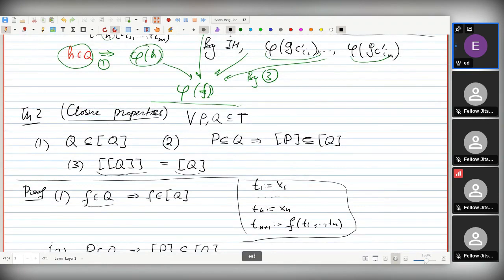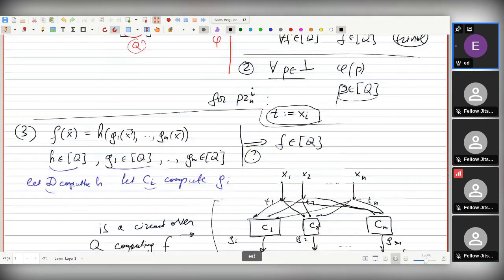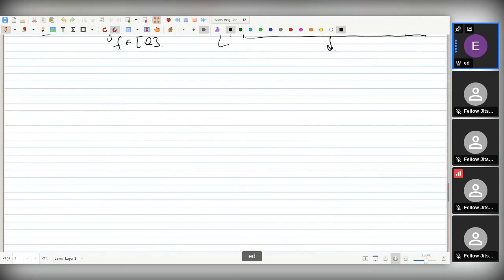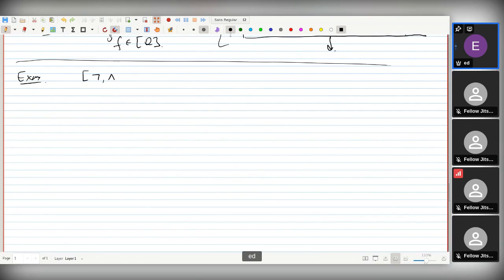Okay. And now we have tools to prove many obvious things formally. With these closure properties, we can, for example, prove equations between closures. For example, let us prove that everything which is computable via negation and conjunction is computable via negation and disjunction. Okay, what do we have?